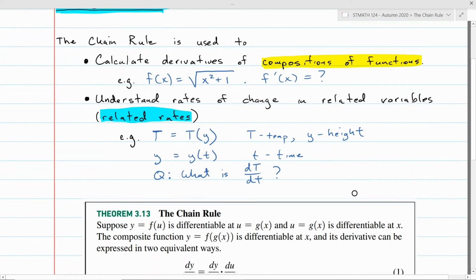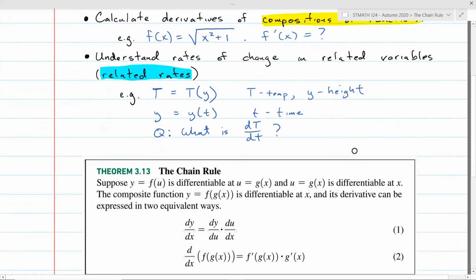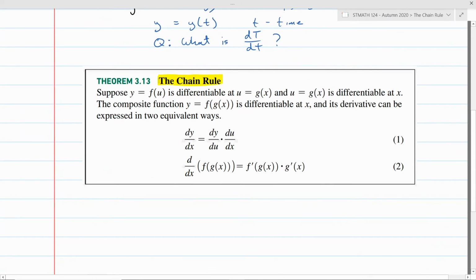So without further ado, here is the chain rule. The hypotheses of this theorem essentially say that the two functions are differentiable at the appropriate points. So the function that you're wanting to differentiate is the composition, f of g of x. You need the outside function f to be differentiable at the output values of the inside function, and then the inside function needs to be differentiable just for whatever x is.